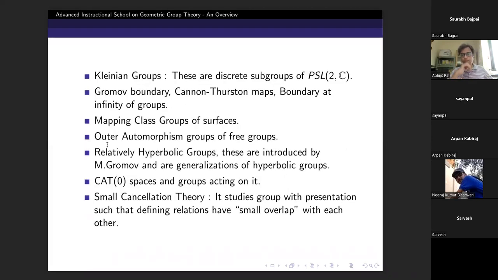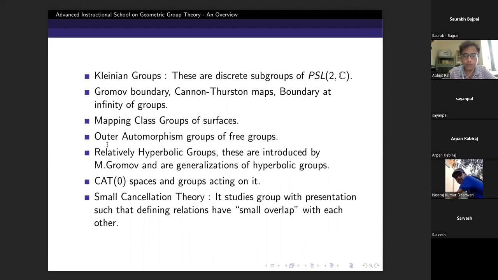Okay. So another aspect is Kleinian groups. These are discrete subgroups of PSL2C. Another aspect is you study the boundary at infinity of a hyperbolic group. These are called Gromov boundaries, and you study maps on the Gromov boundary.